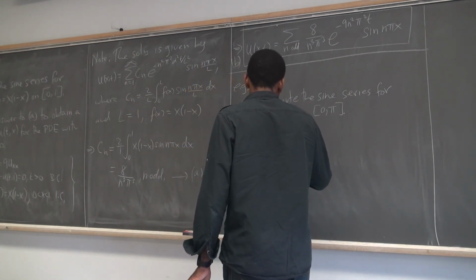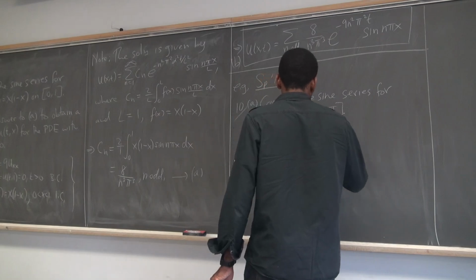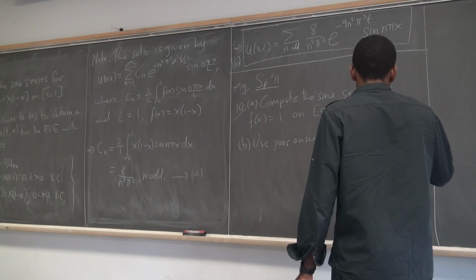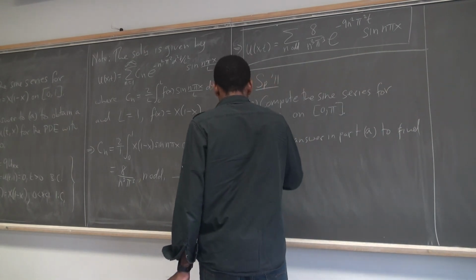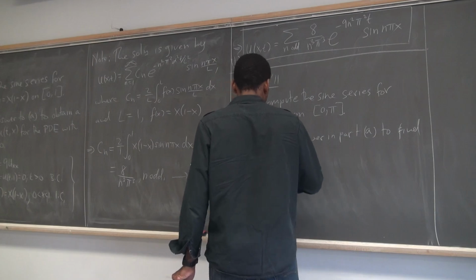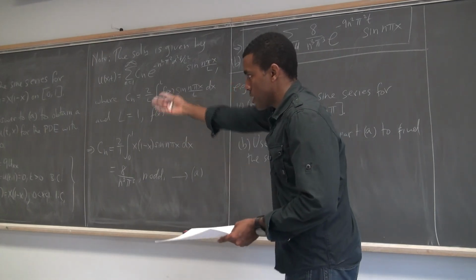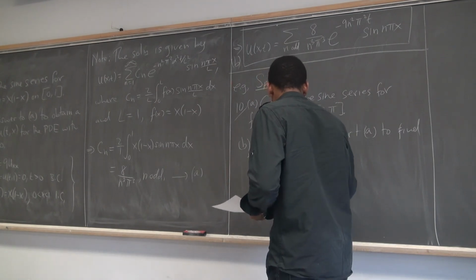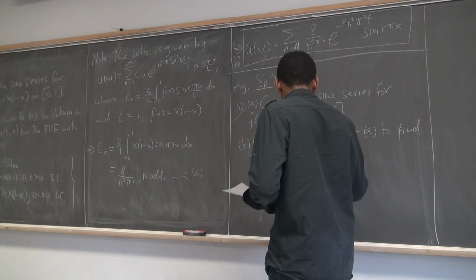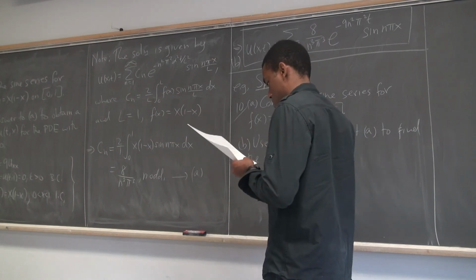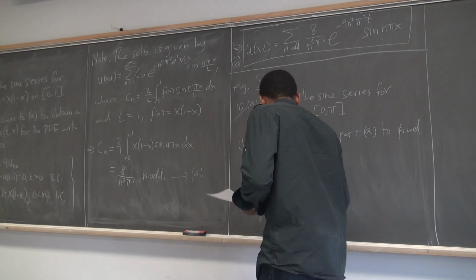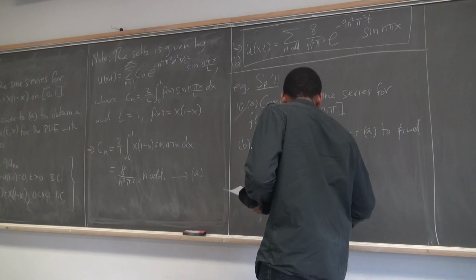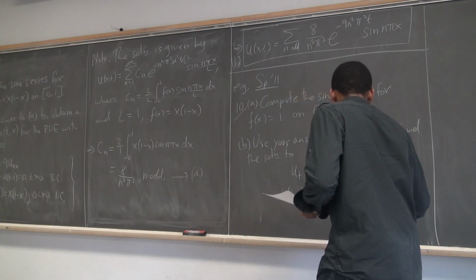Use your answer in part A to find the solution to, they phrase it similar to that, but basically this was the situation. u sub t is equal to 64 uxx, with u of t,0 equals u of t,pi equals 0, for t greater than 0.